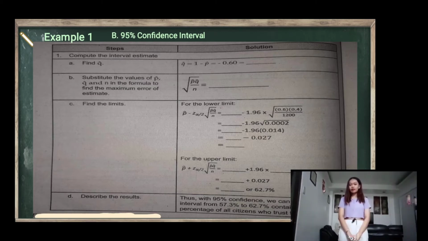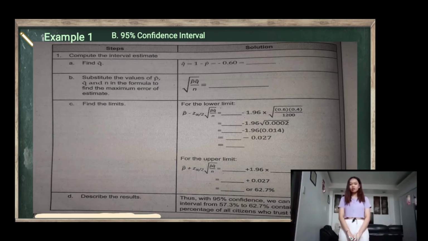E. Find the limits. For the lower limit, p bar minus z alpha over 2 times the square root of p bar q bar all over n is equal to negative 1.96 times the square root of 0.6 times 0.4 divided by 1,200.